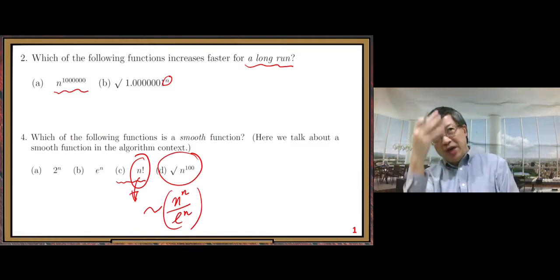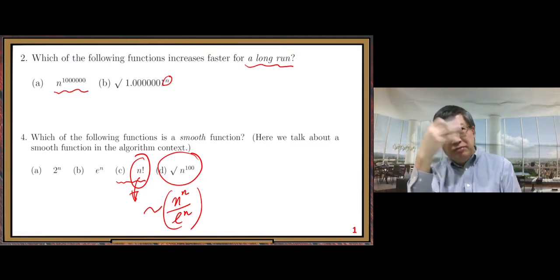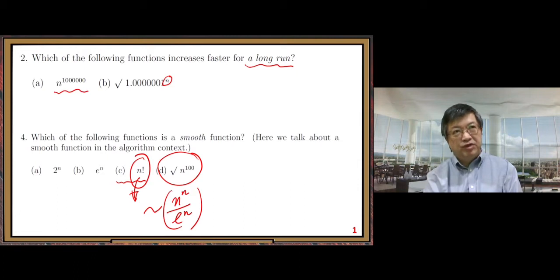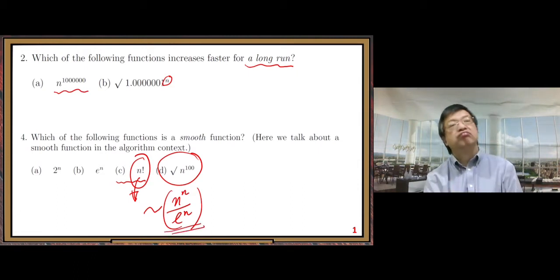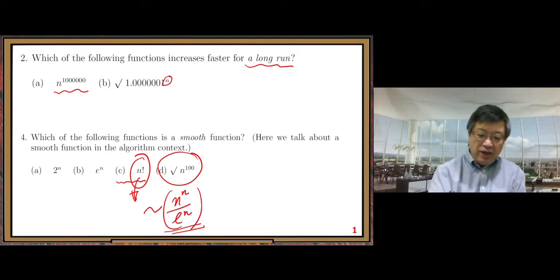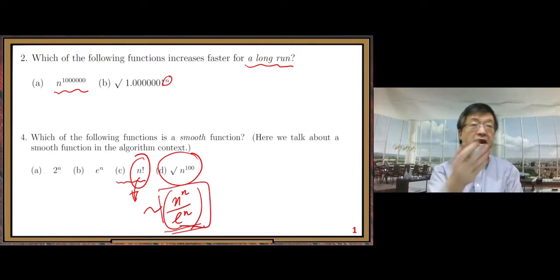So if you want to imagine how large this function is, you can use this exponential function to estimate it. If you use this one, then you can get the answer easily.